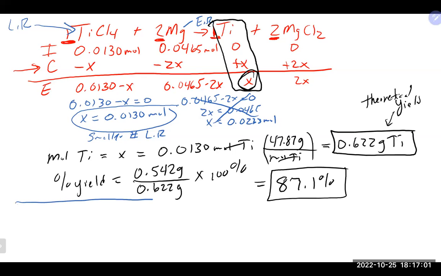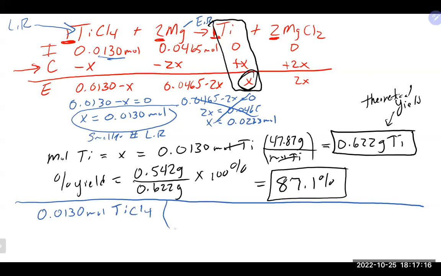So in this case, what you could have done was, for example, took the moles of TiCl4. So if you took 0.0130 moles of TiCl4 and did a stoichiometry calculation between the two reactants to help you determine which one's the limiting reagent, this would be 2 moles of magnesium and 1 mole of TiCl4.